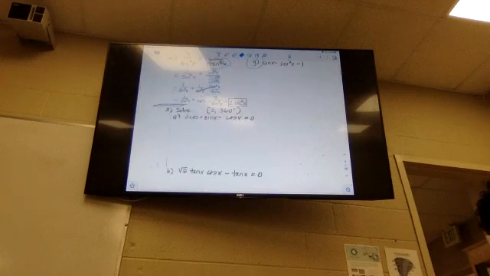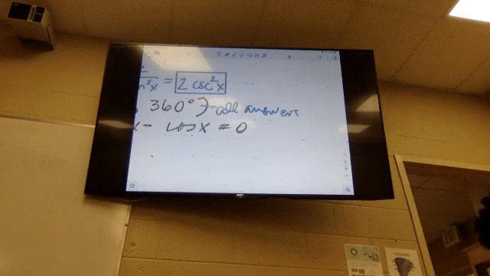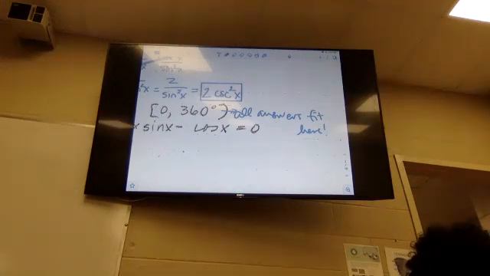Okay, this one says solve where 0 to 360 is my x domain. So all of my answers are in this domain. They fit in here. So we cannot include 360, we cannot go bigger than 360, which we don't really want to anyway, so that's okay.